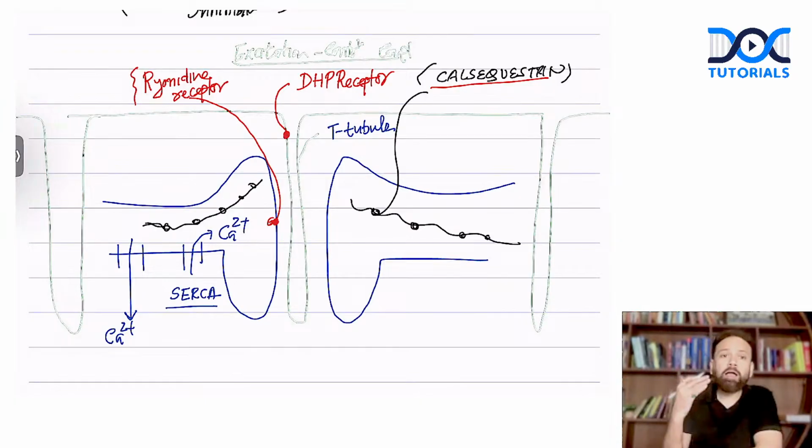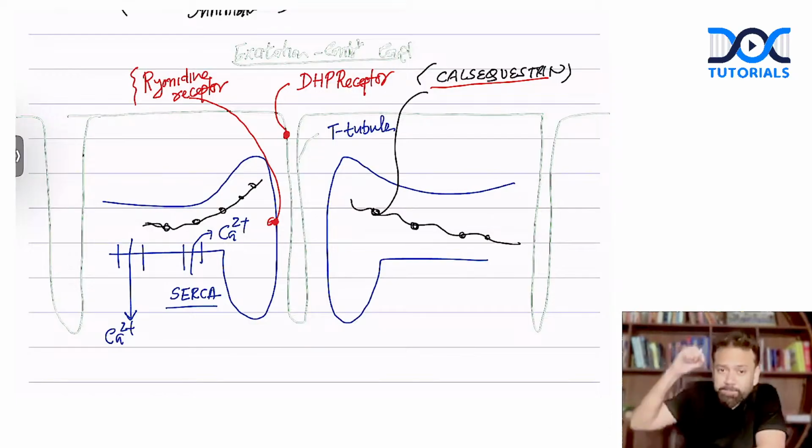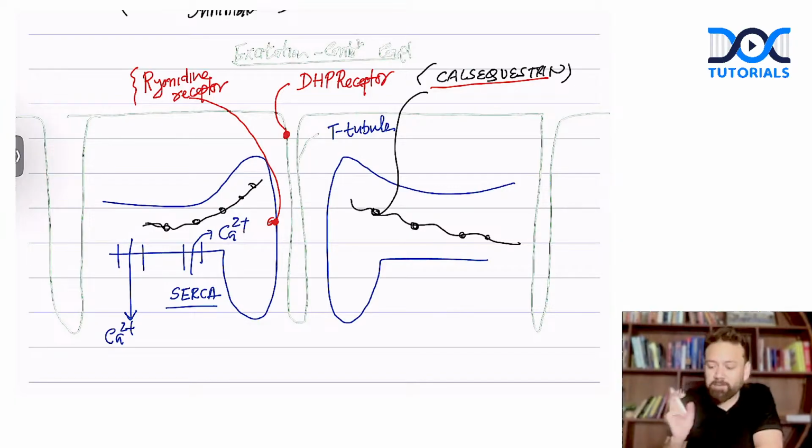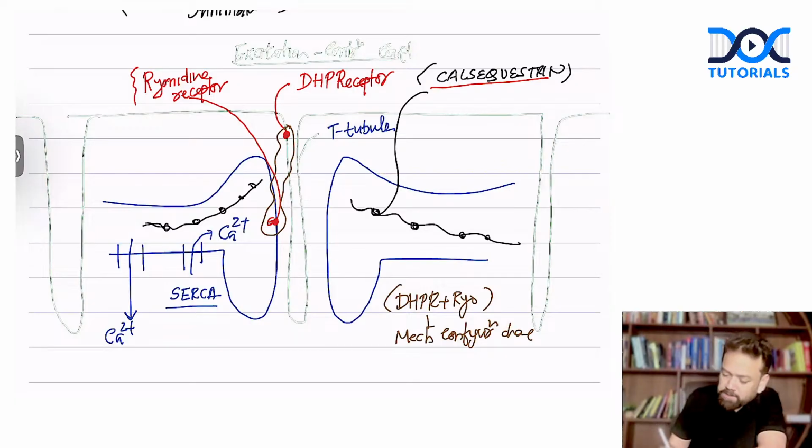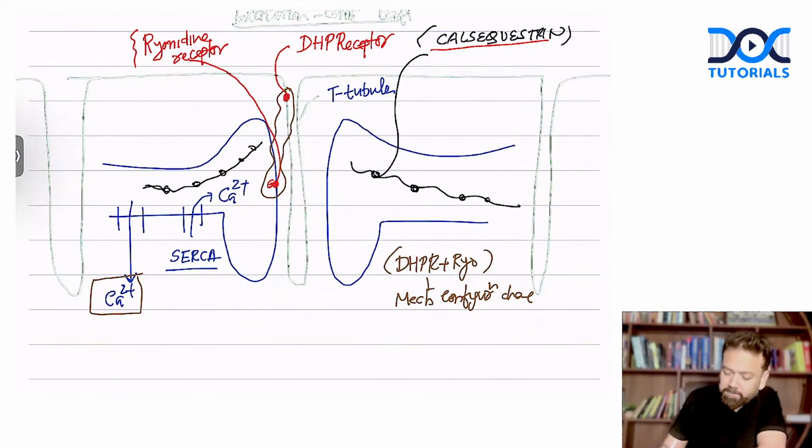Okay, so whenever action potentials go deeper inside the T tubules, they are going to excite both the receptors, the dihydropyridine receptor and the ryanodine receptor. DHP receptor and ryanodine receptor, there is a mechanical configuration change that will cause release of calcium.